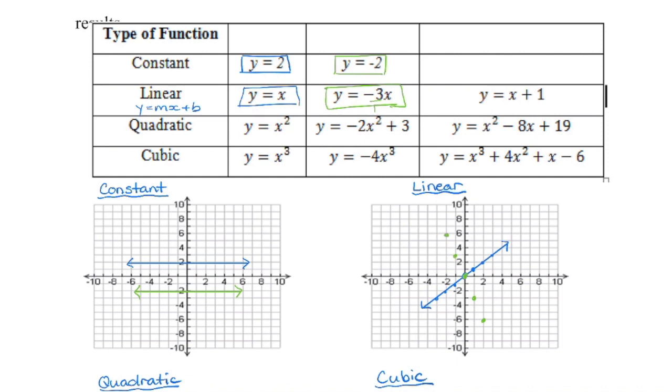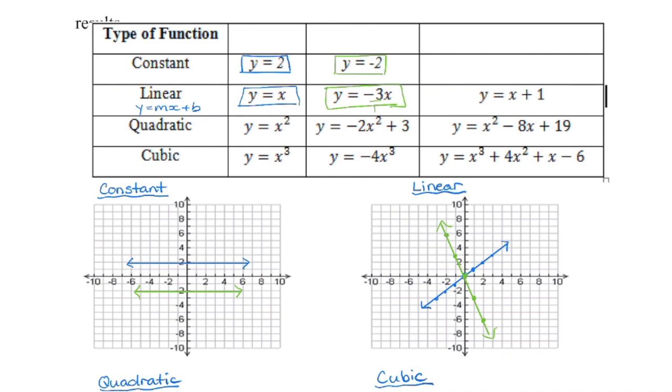And again, we can connect those with a straight edge, and that is what our second graph will look like. So remember from linear, if we have a positive slope, our graph is rising to the right. If we have a negative slope, our graph is falling to the right.